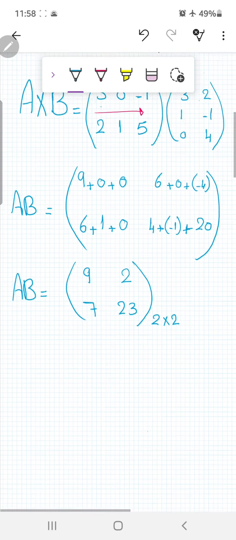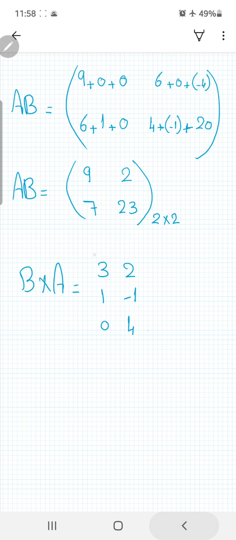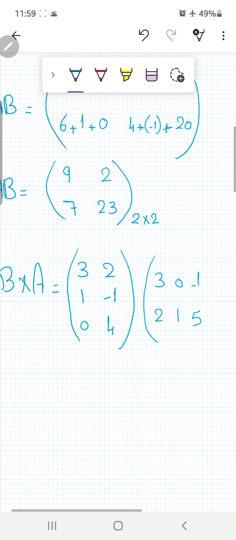Okay, what about B times A? B multiplied by A. Okay, B is 3, 2, 1, negative 1, 0, 4. And A, 3, 0, negative 1, 2, 1, 5. First, check.